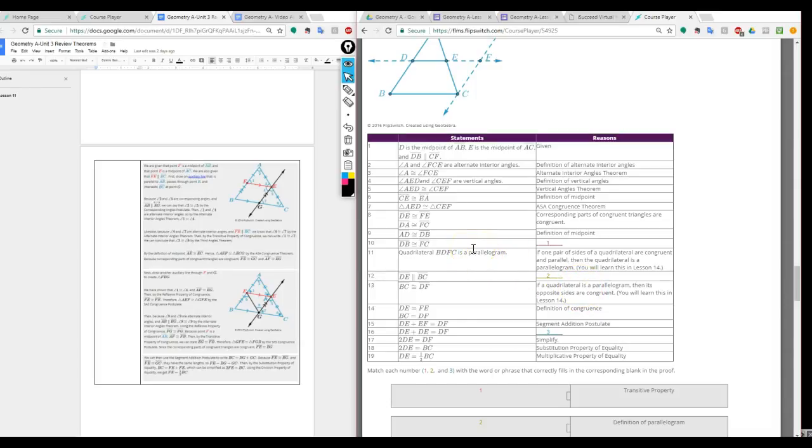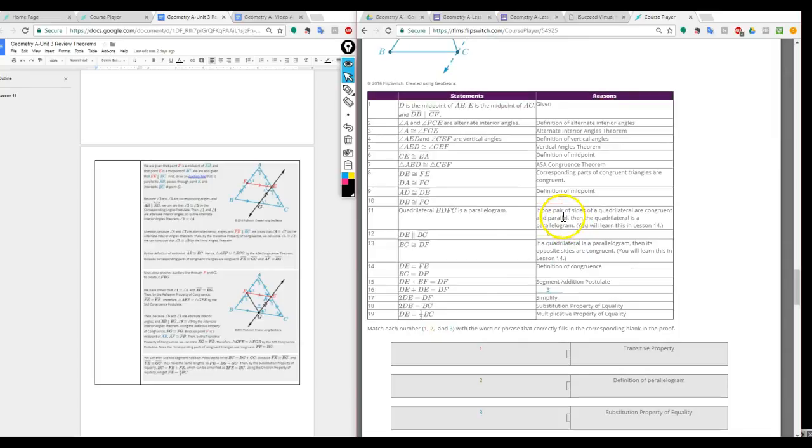Now, if we did not know that, how would we fill in our blanks? Blank 2 would be filled in because opposite sides of a parallelogram are parallel, right there.